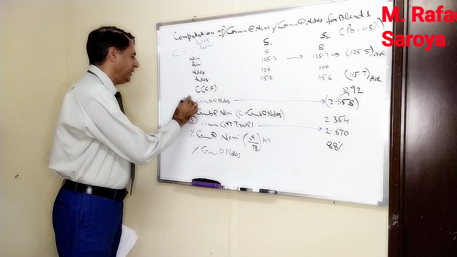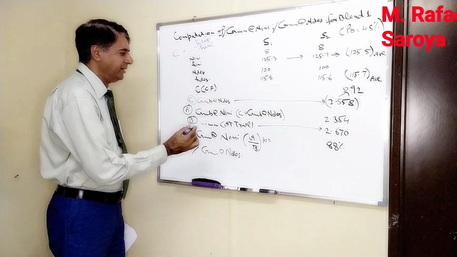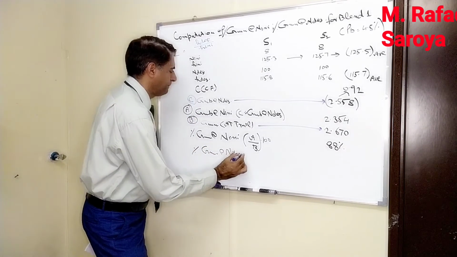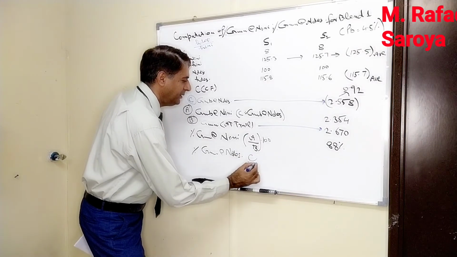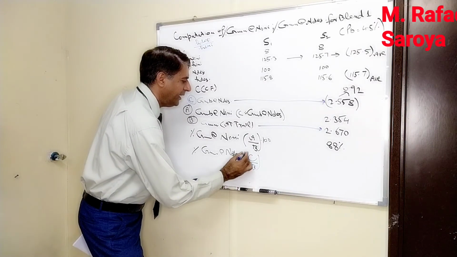Let us suppose I write it as C. So here the answer would be C divided by B into 100.